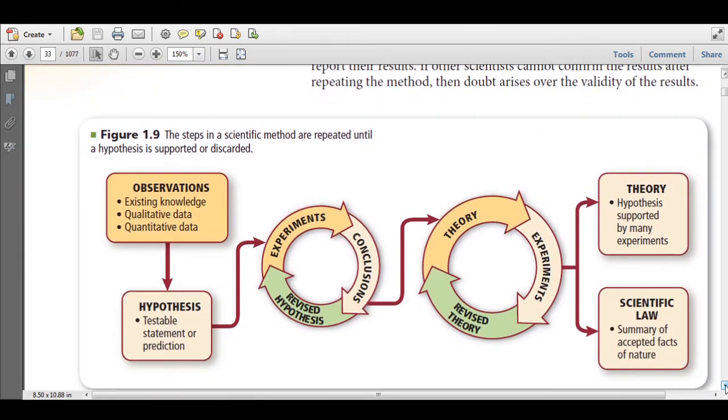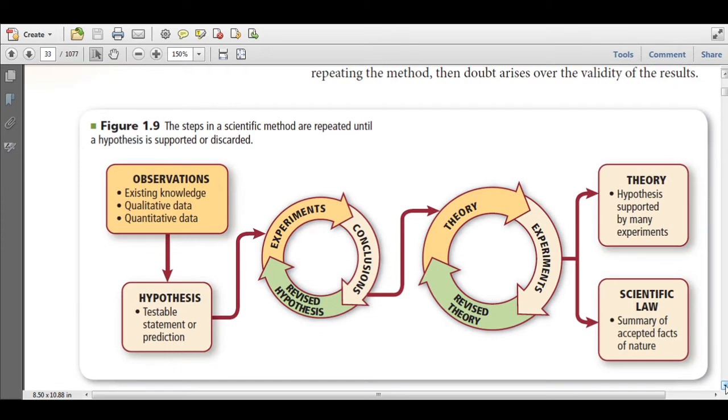The scientific method begins with an observation, whether it's something that's existing knowledge, some sort of qualitative data, how something might look, or quantitative data, how much of something exists. Once we've made our observations, we can form a hypothesis, which is a testable statement or a prediction. We then take our hypothesis and run an experiment. And from those experiments, we can base conclusions.